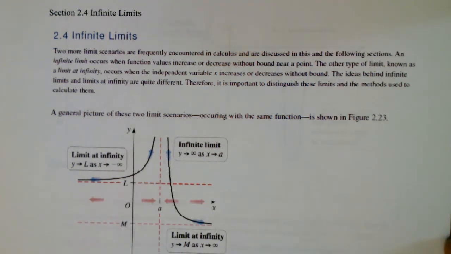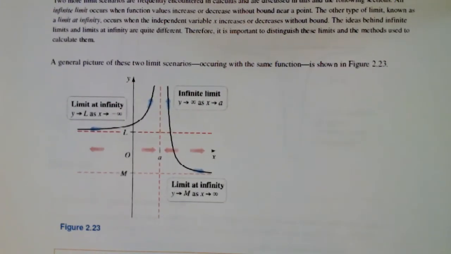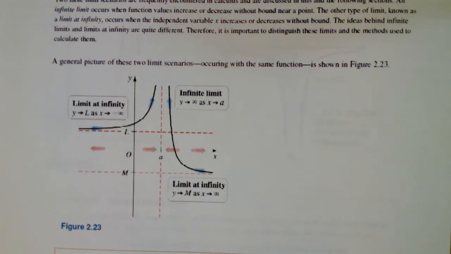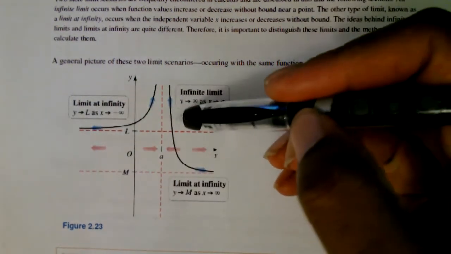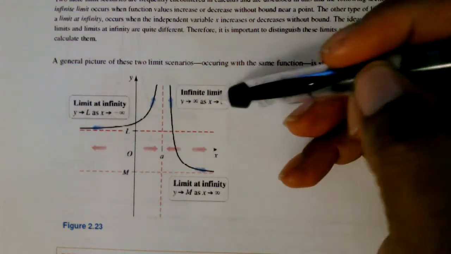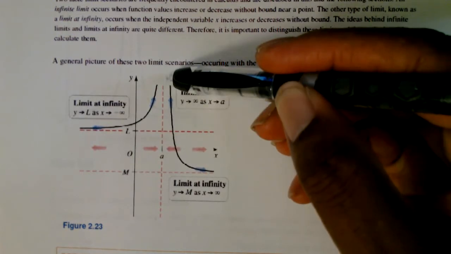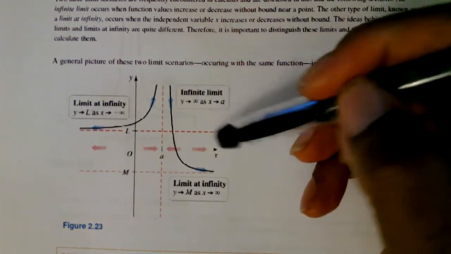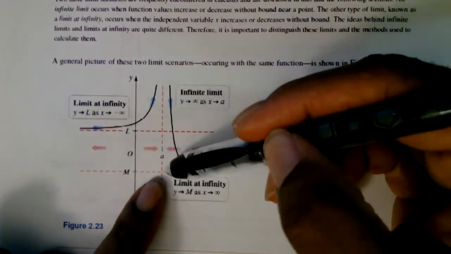Okay, so here we're going to look at a general picture of these two limit scenarios. And this occurs with the same function here. All right, so the one we'll talk about is an infinite limit in this section. With an infinite limit, when you have a graph of a function, the y value is going to be approaching infinity as x approaches some value of a.